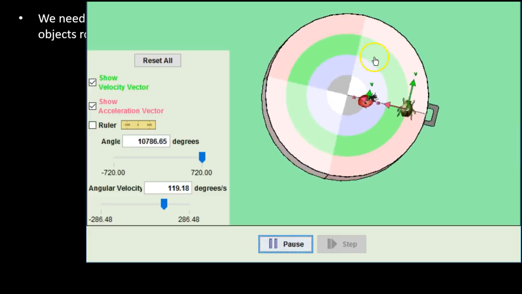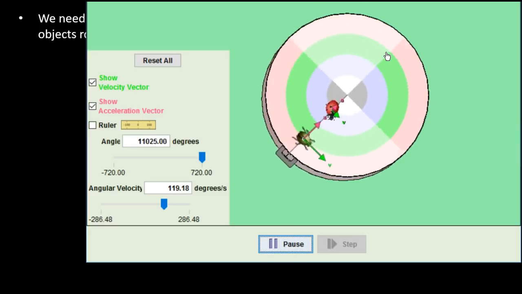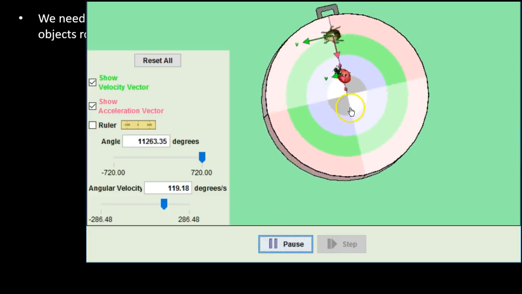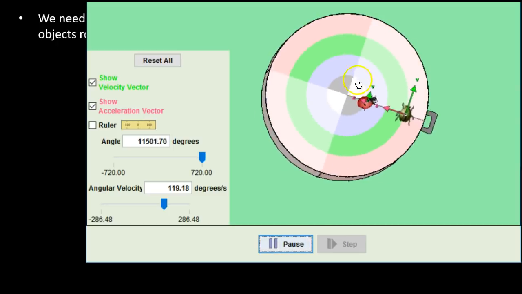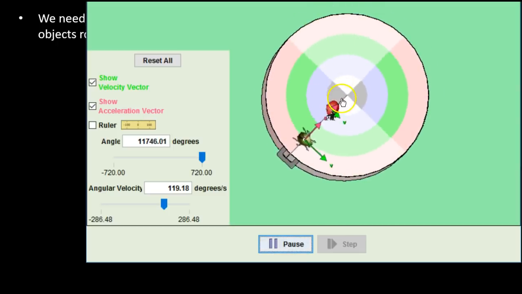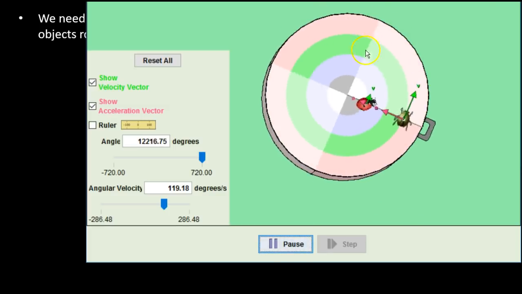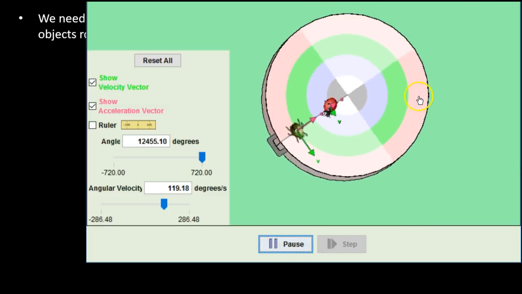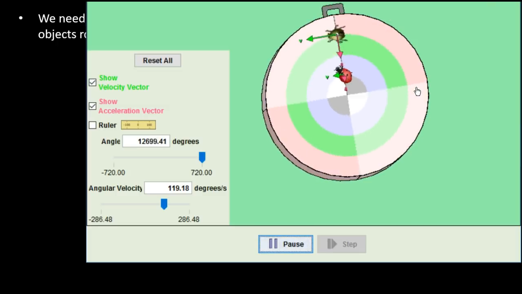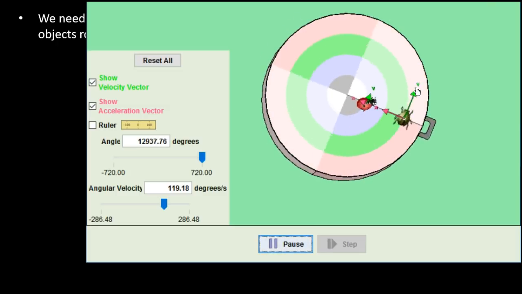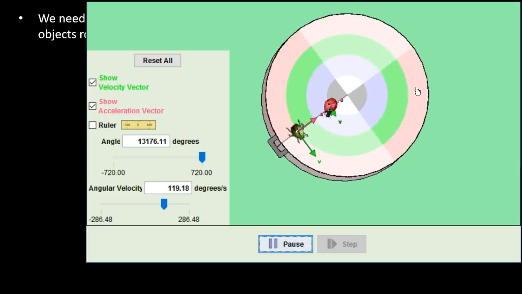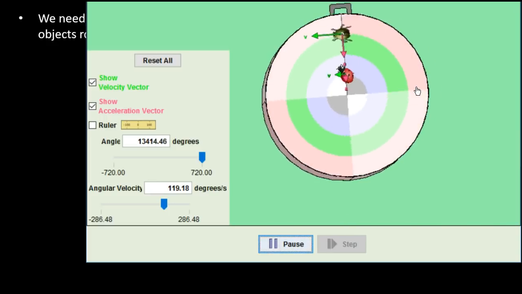Because where you are located on this wheel, you're going to have a different velocity. An atom right here that's spinning or rotating around would have a smaller velocity than an atom, still part of the wheel, way out here. So that seems like it would make our analysis very confusing because we'd have to know one more thing when we were discussing the wheel's motion. We'd have to know how far away we were talking about.